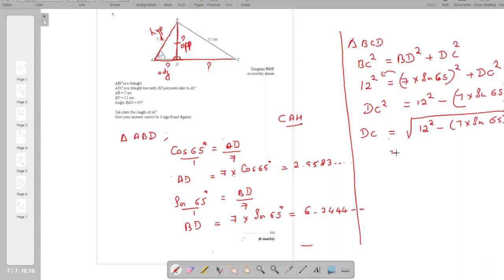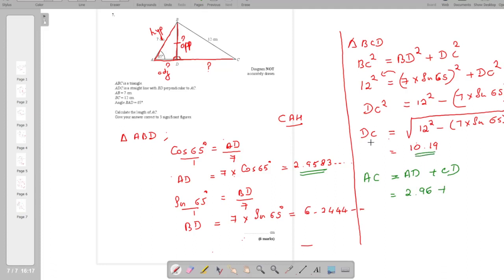So that will give you 10.19. Now we need to find the AC. To find the AC, AC is AD plus CD. We know AD, we worked out AD, that's 2.96, 2 decimal places.